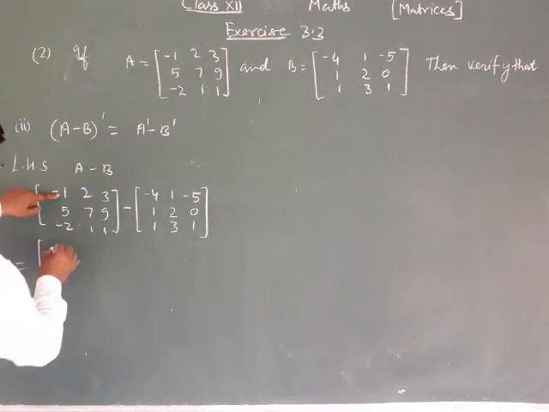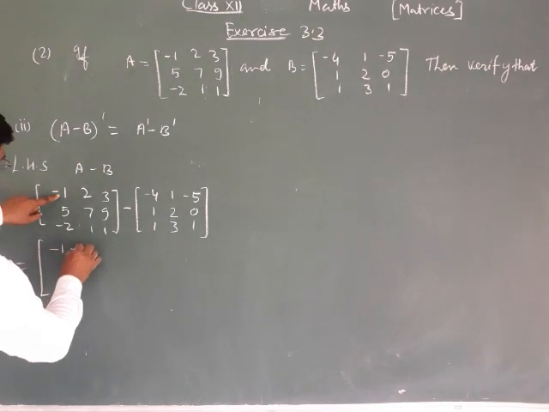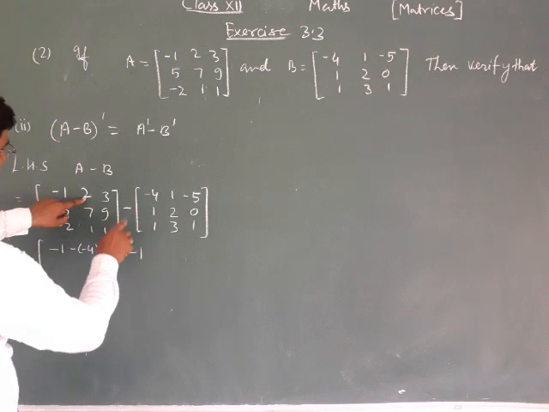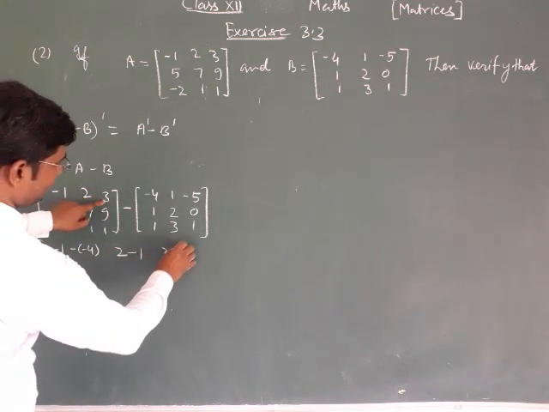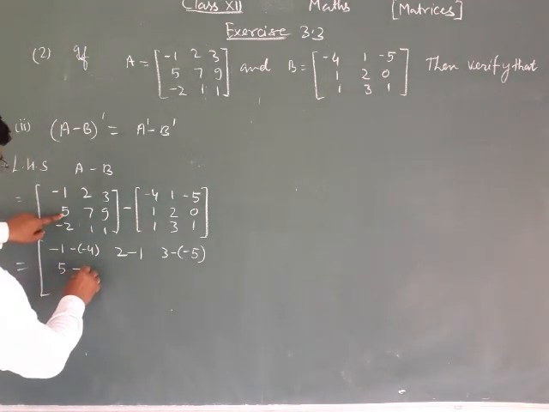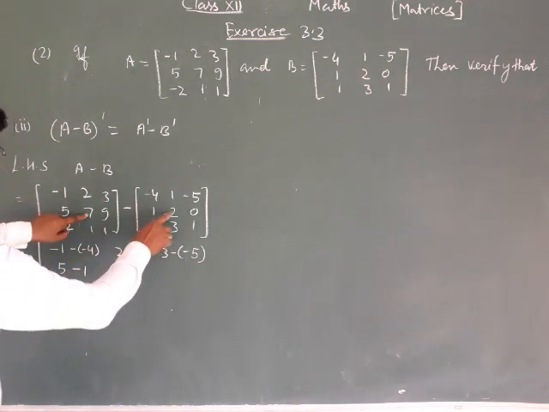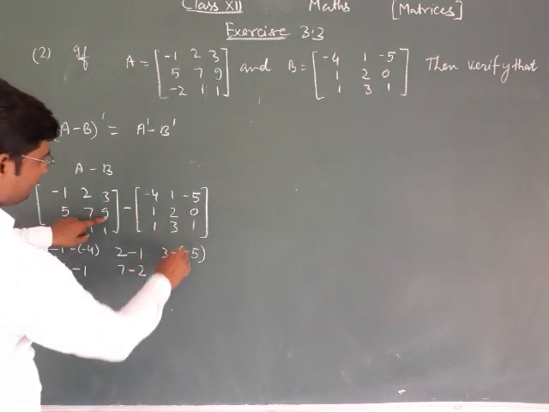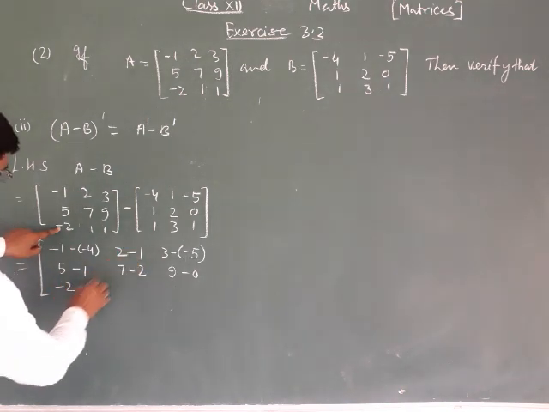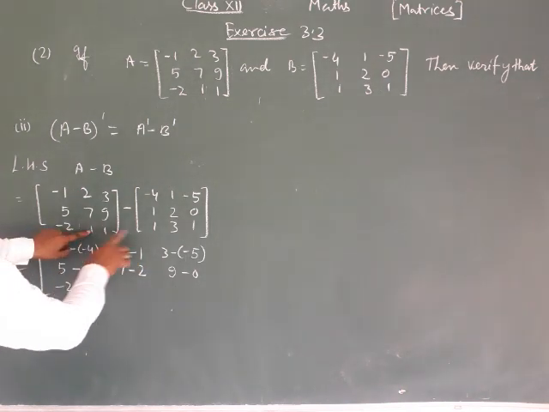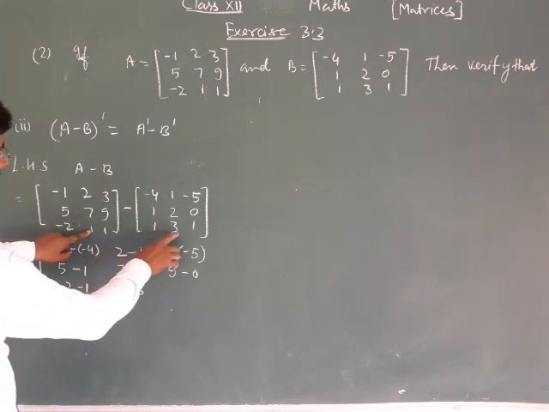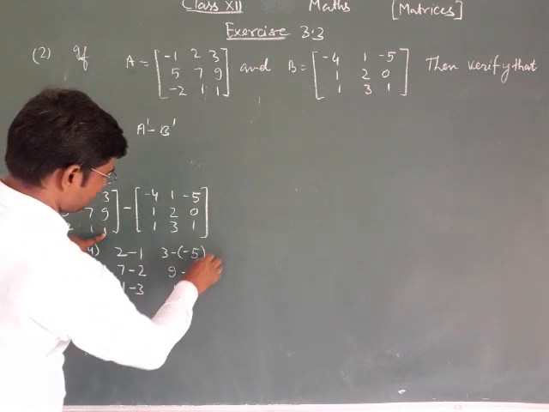So now minus 1, so minus 4, and also 2 minus 1, and 3 minus 5. So 5 minus 1, 7 minus 2, and 9 minus 0. So minus 2 and also minus 1. So 1 minus 1, minus 3, 1 minus 3, and 1 minus 1.